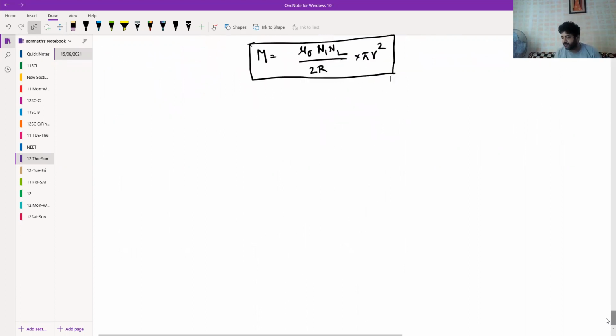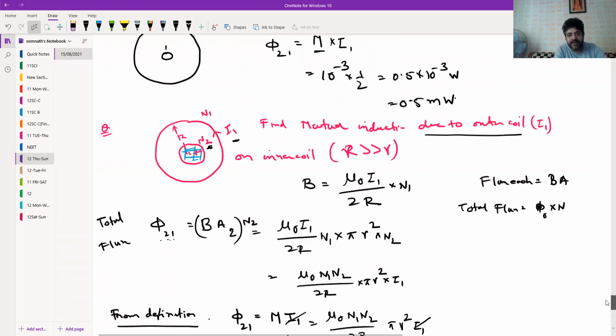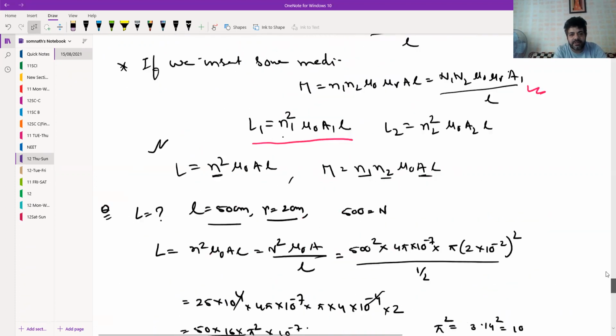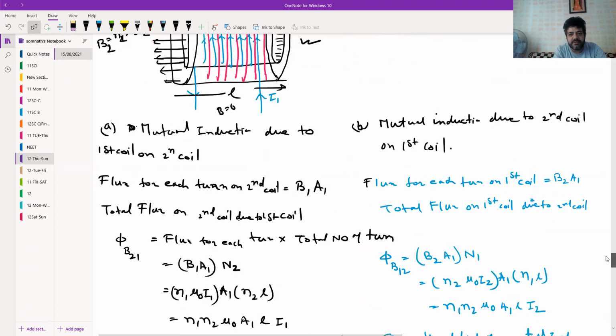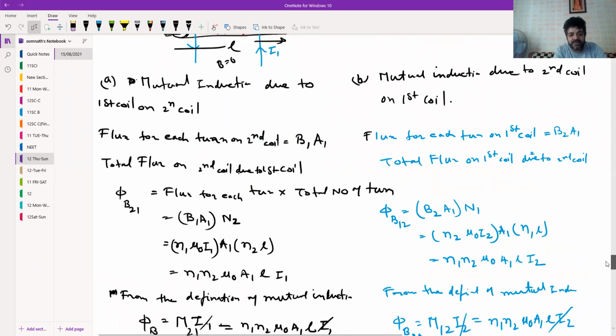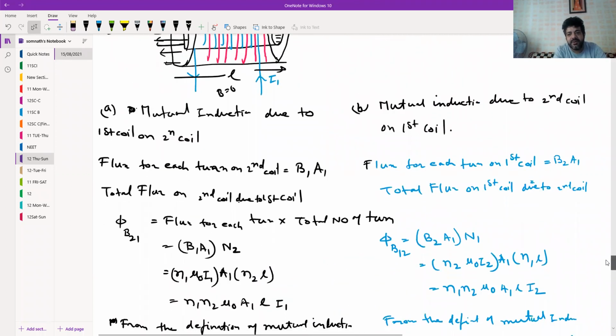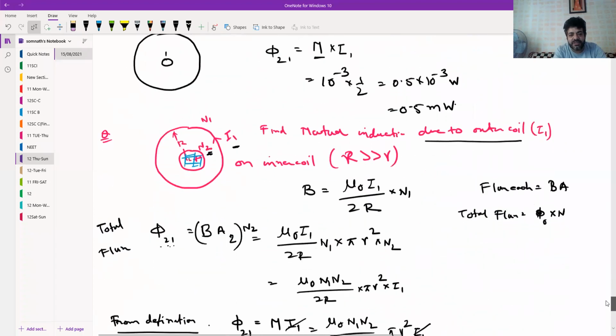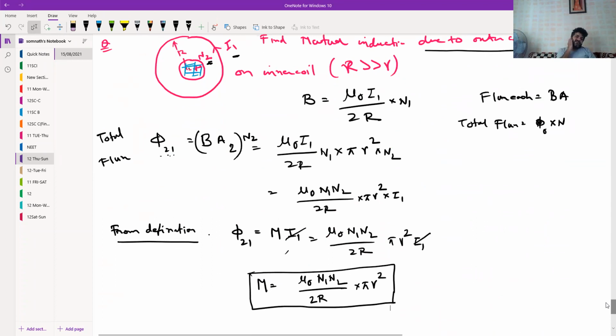Okay. After this, this theory is very important. Sometimes instead of the large coil question, which is quite a big question, a 3 marks question, they can give you this type of question to check whether you actually know mutual induction or not.